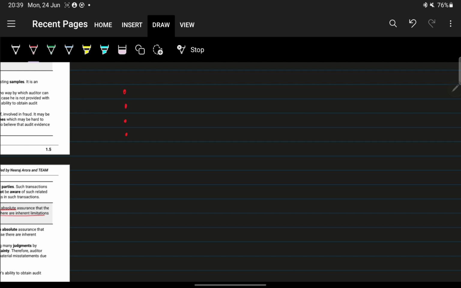Firstly, stating that audit provides only a reasonable assurance. Audit provides only a reasonable assurance.